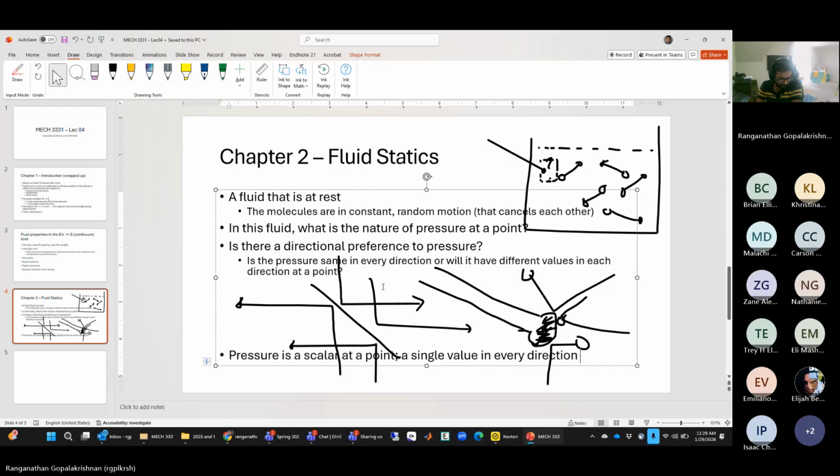Okay. Is that connecting with you, that if I say that there is no directional dependence, do you understand that, or would you like me to use a slightly different term or a simpler term? Yes, no. If it is no, please tell me so that I can try something else.